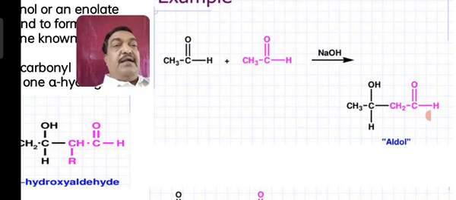The alpha hydrogen of the CH3 of the red acetaldehyde moves towards the oxygen and makes the oxygen OH, black OH, and the carbon-carbon attachment takes place, that is CH3CH(OH)CH2 C double bond OH, and the second carbon contains OH and H. So this product is called aldol. So two acetaldehyde molecules are there. So it is an acetaldehyde aldol product.